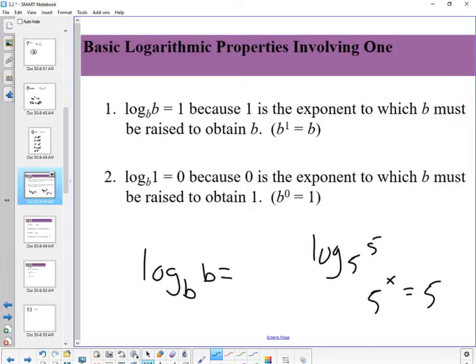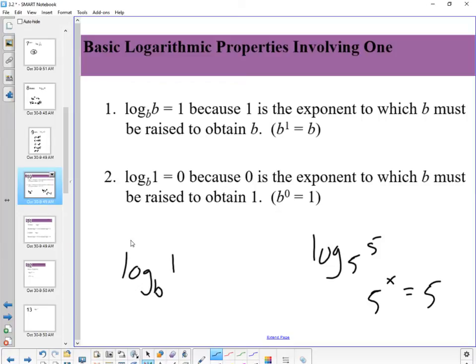That makes so much sense. Now the other rule is saying log b of 1. Every time when I was taking Algebra 2, I would use the logarithm and then the base, and I didn't multiply it by anything, so it would always be 0, and I didn't understand why.